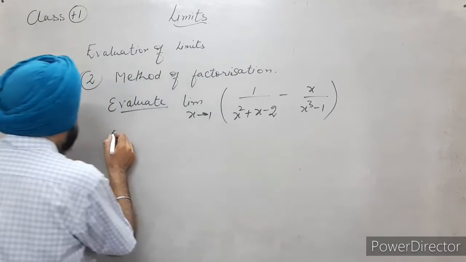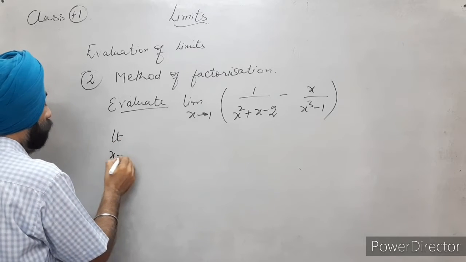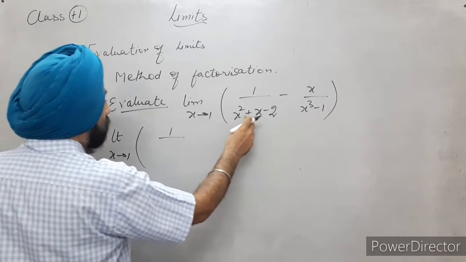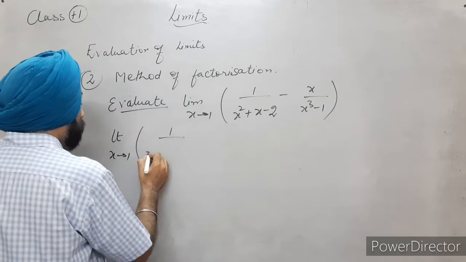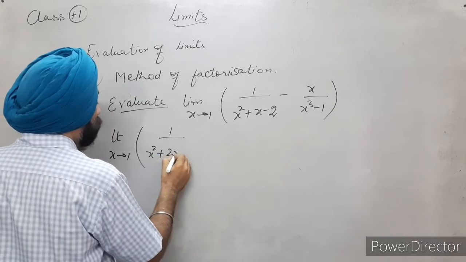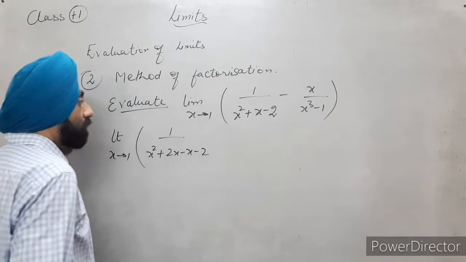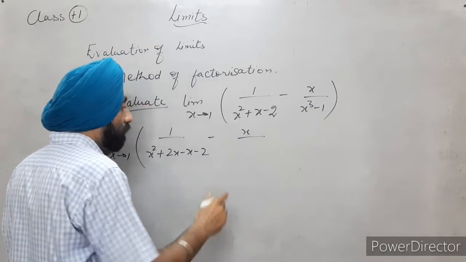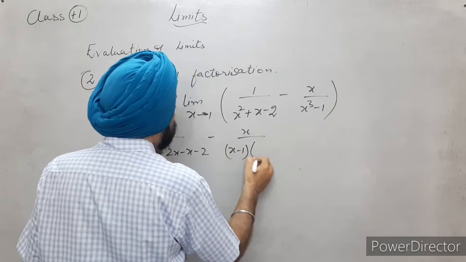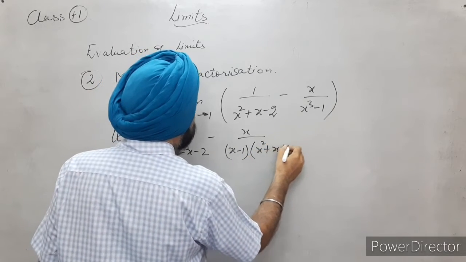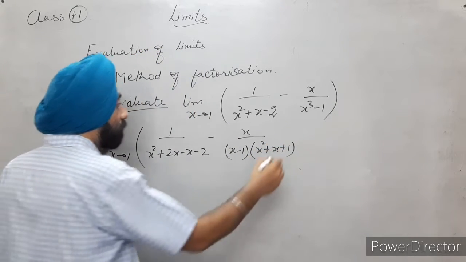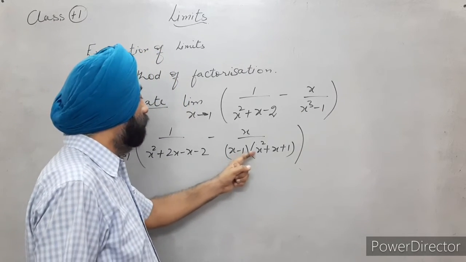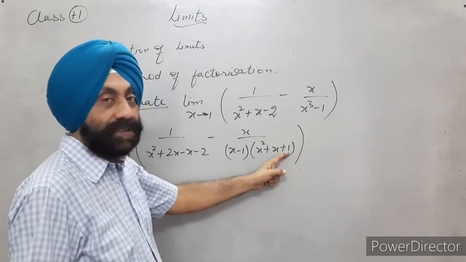So what can we do? Limit x approaches 1. I can write x square plus x minus 2 as x square plus 2x minus x minus 2. And x cube minus 1 is of the form a cube minus b cube, whose factors are (a minus b)(a square plus ab plus b square).